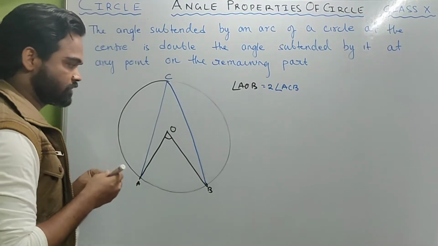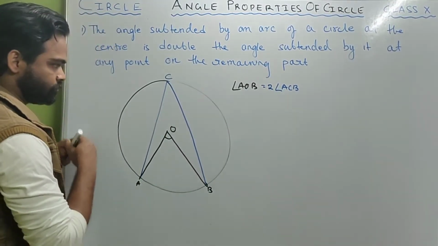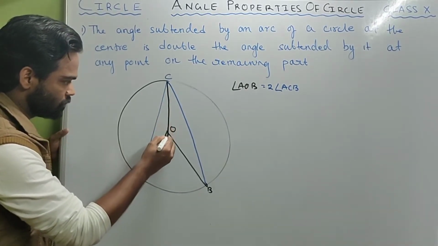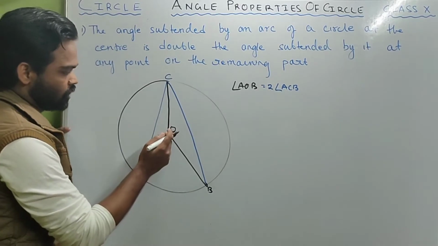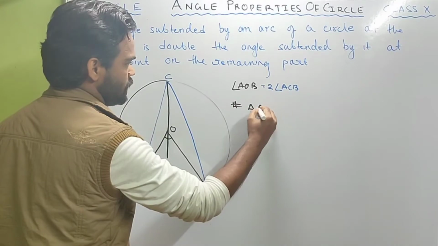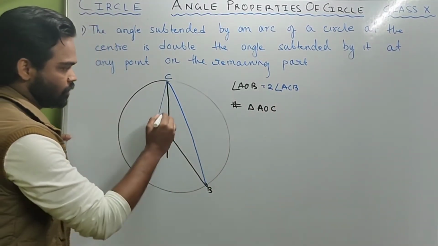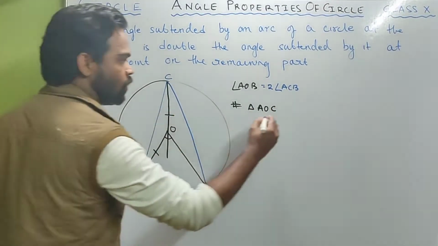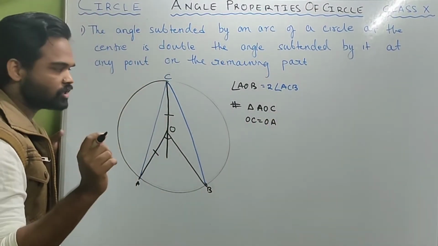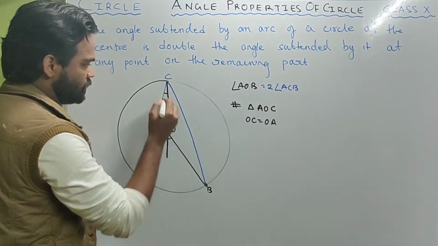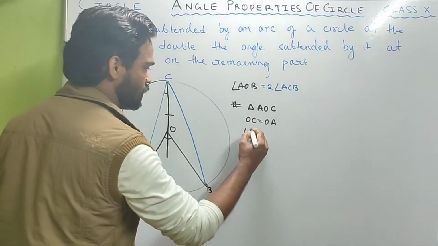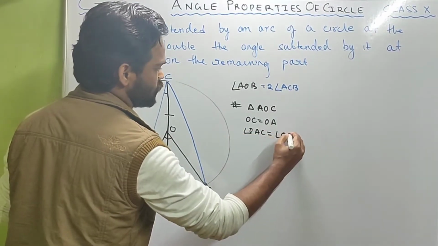Let us prove this. See what I'll do. I'll join CO. Now look carefully. Triangle AOC, if you see, OC and OA are equal. OC is equal to OA, which means this is an isosceles triangle. So this angle and this angle will be equal. So angle OAC will be equal to OCA.